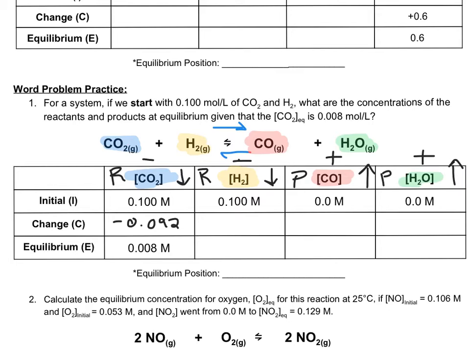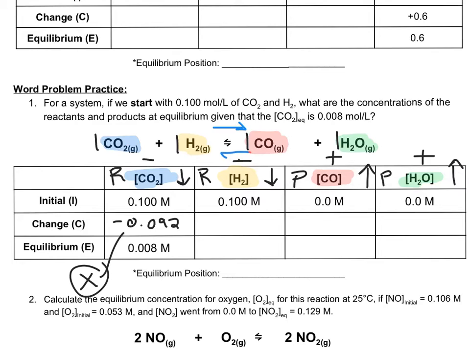So let's look at the equation to figure out, is this value x, or 2x, or 3x, or 4x, whatever the case may be? In the equation, we notice that it actually is balanced. It is a 1-to-1 to 1-to-1 ratio. So that means that this value of 0.092 is x.